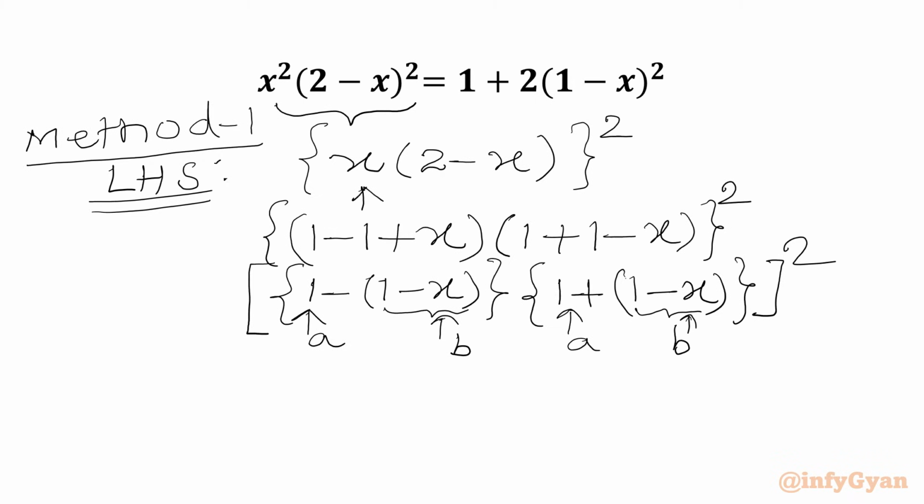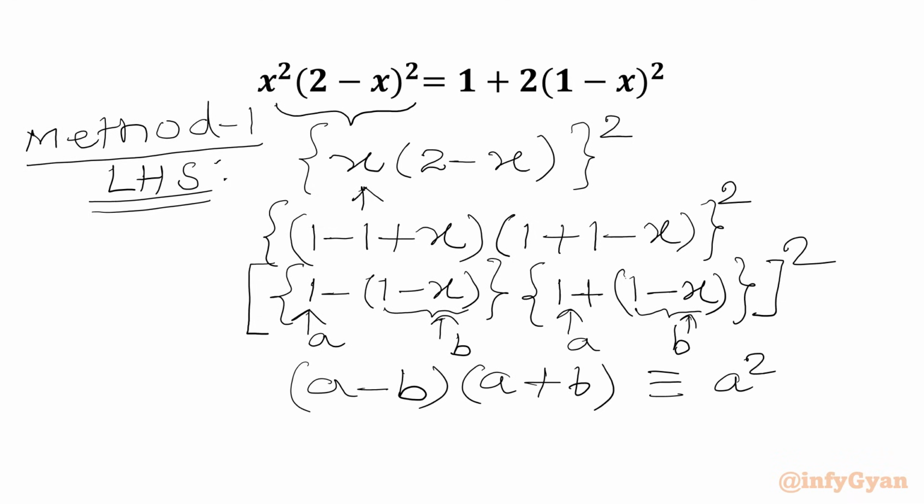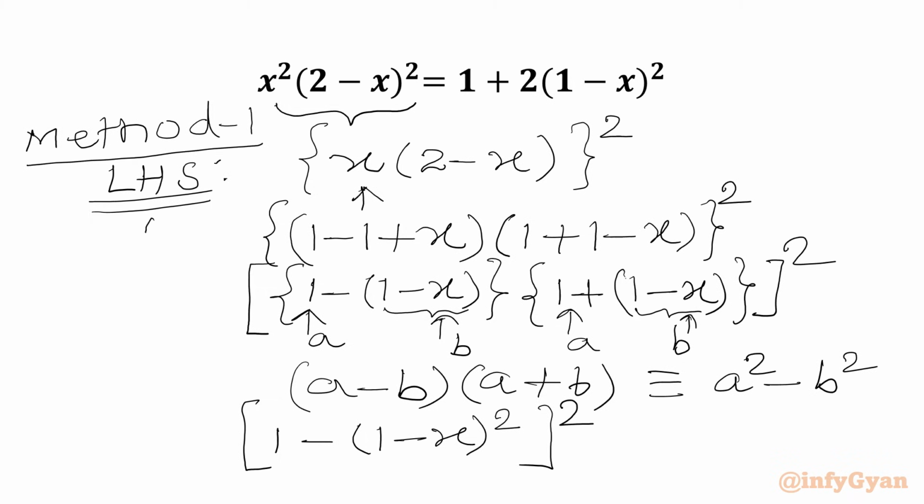If I write only this rectangular bracket, I can write (a minus b) times (a plus b). Here we can use the difference of two squares formula, a square minus b square. So our left hand side would be 1 square minus b square, (1 minus x) whole square, and then we have a square bracket with part 2. This is our LHS so far.